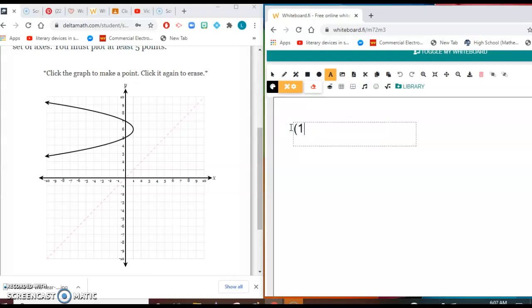I'm going to write down the points that I see. I see 1, 6, 0, 5, 0, 7. Those are my y-intercepts. So there's 0, 5, there's 1, 6, there's 0, 7. That looks pretty good. Negative 3, 8, and maybe negative 3, 4.